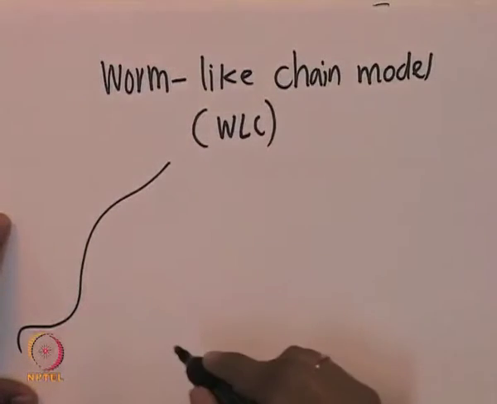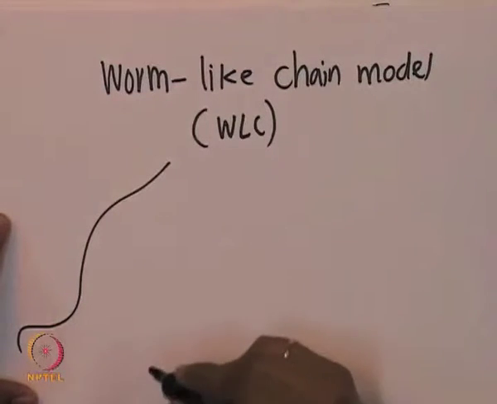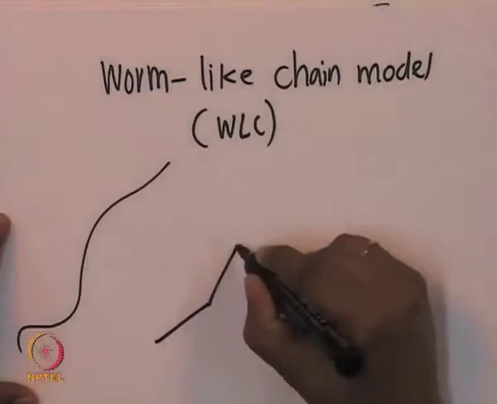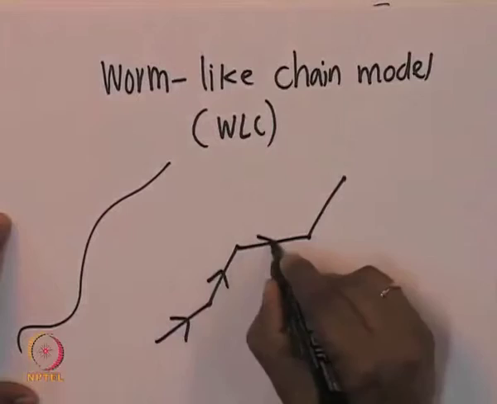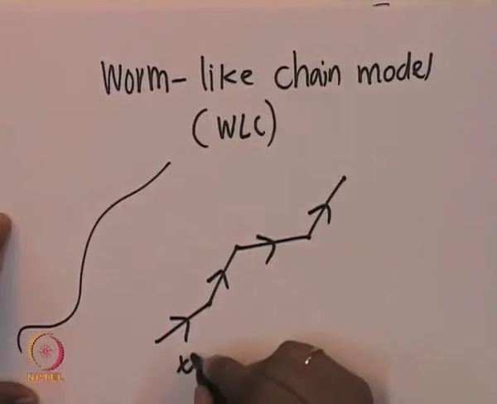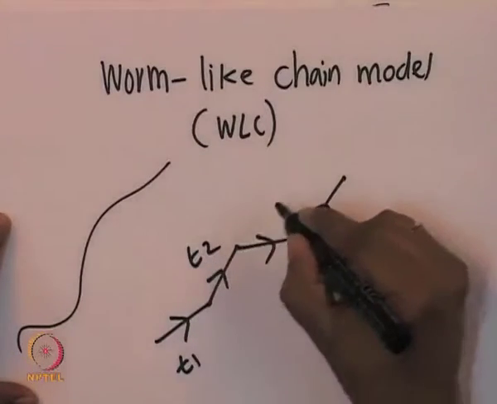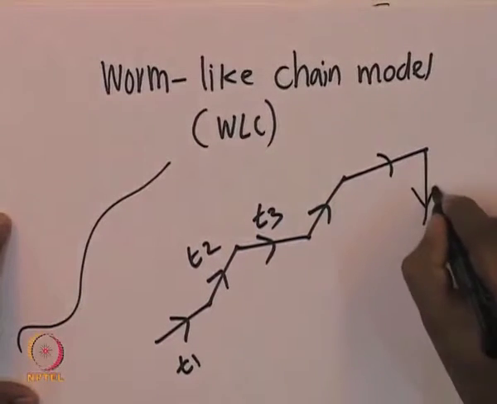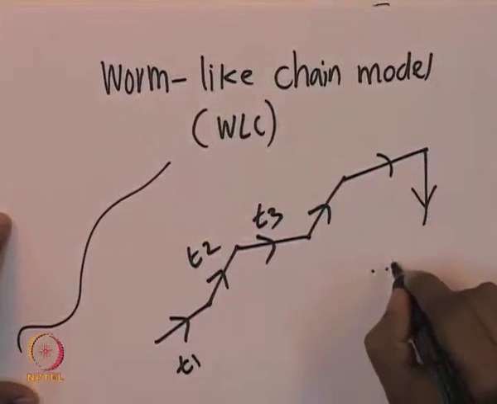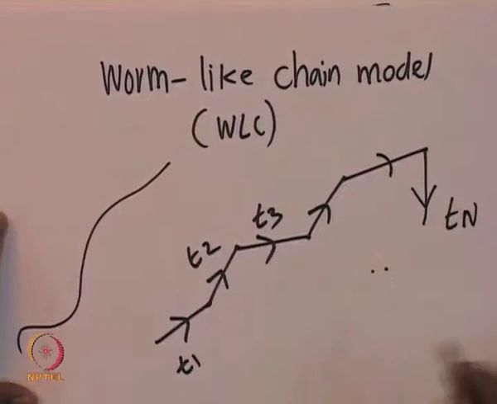The only energy is bending energy, and the discrete version of this is thinking of DNA as a set of tangent vectors T1, T2, T3 and so on, up to Tn. There will be n tangent vectors, and the orientation of these tangent vectors in 3D will decide the configuration of the DNA.